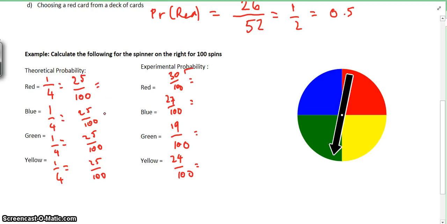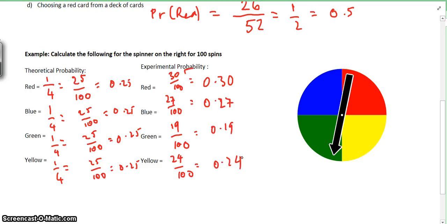Now, we're just going to quickly calculate this as a decimal, so we can have an easier comparison of the actual magnitude of numbers. If we just use the idea that 30 divided by 100, we move the place values, and that ends up becoming 0.30, 0.27, 0.19, and 0.24.